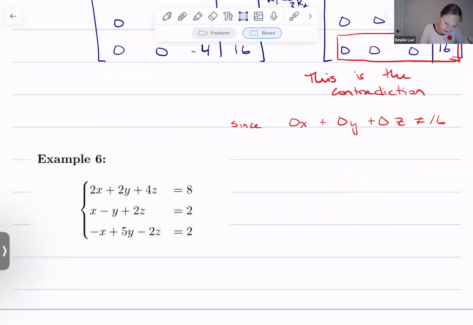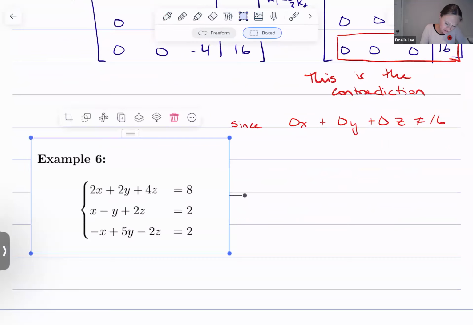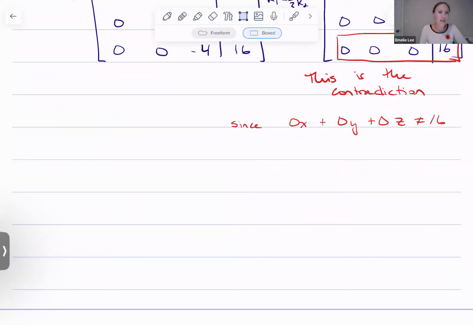And maybe I should snag this summary. This is where I had to refer to. So here, no solutions.